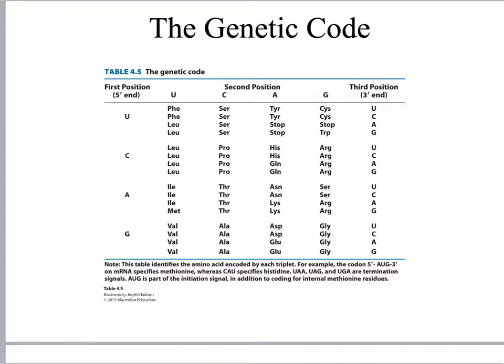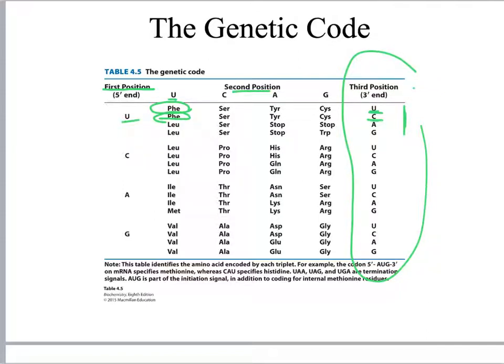So if you're looking at the first letter, second letter, and then third letter of that, the degenerate portion, I can have U, U, U, and that would give me this amino acid. I can have U, U, C, and it would give me the same amino acid. So variation in that third position doesn't result in a different amino acid coming in. That helps us limit mistakes that occur. So it's useful to have a degenerate code.